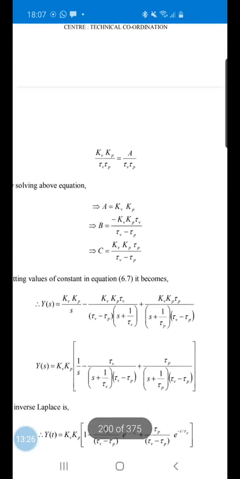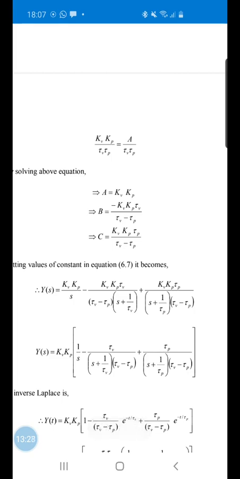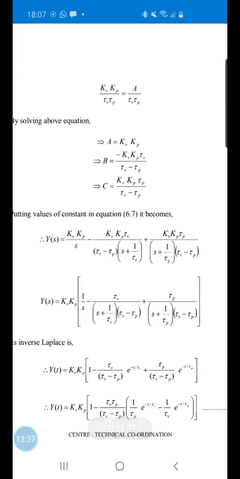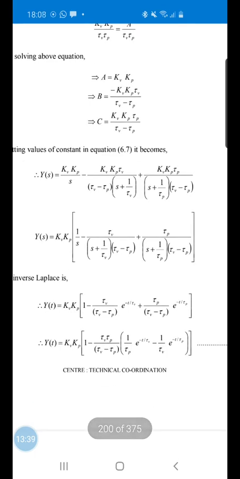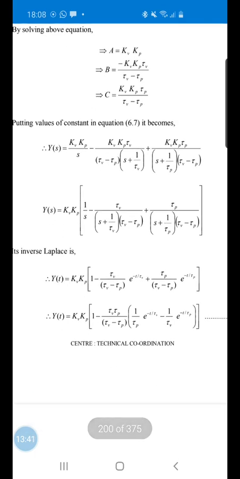So this will be the value of a, b and c. You calculate these values by writing this derivation and put these values in y of s, so you will get an equation whose inverse Laplace you can take.